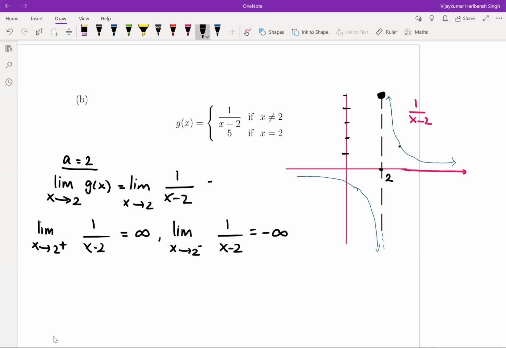Right? So therefore, this limit does not exist. Since this happens, therefore g is not continuous, or is discontinuous, at 2. Again, because it's defined for all real numbers.